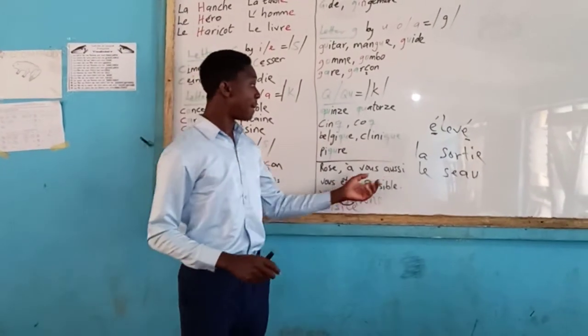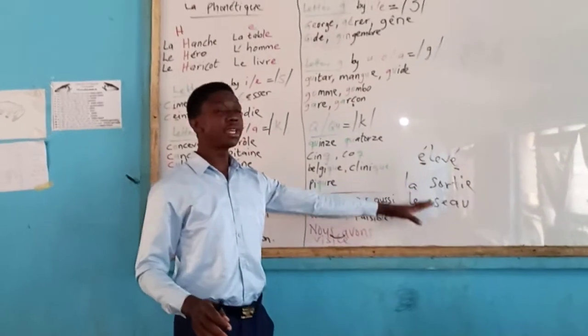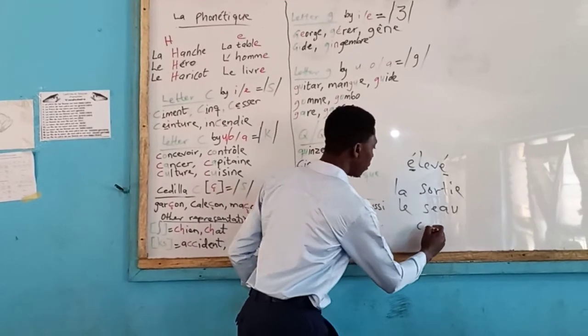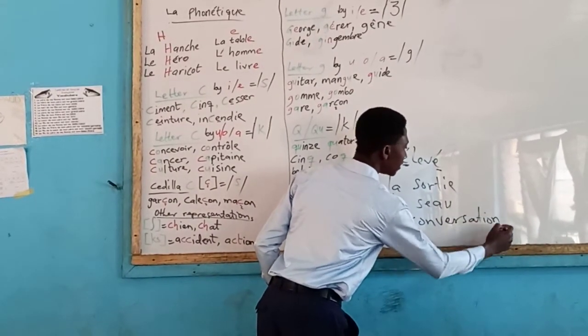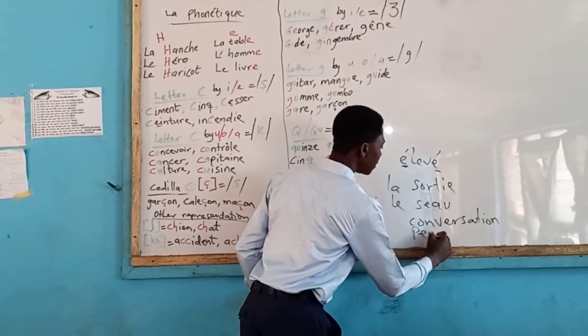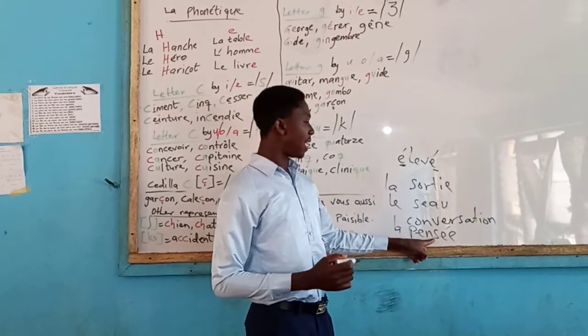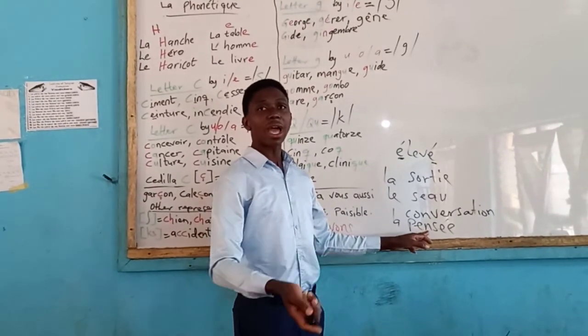Now, in all other cases, where the S is beginning the word, or after a consonant, for example, une conversation, or la pensée. You see here, the S is not in between vowels. It is after a consonant.